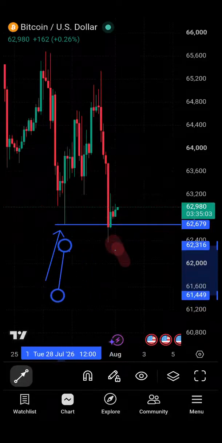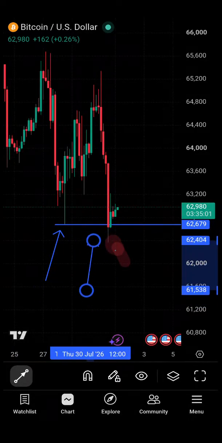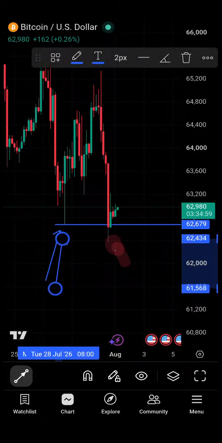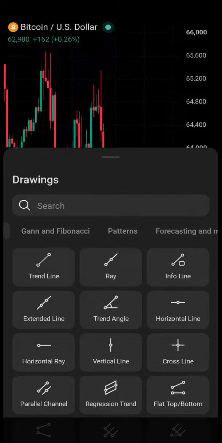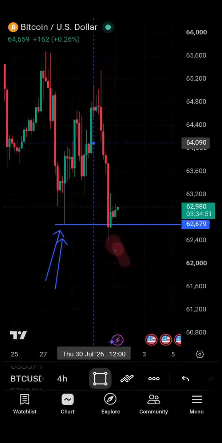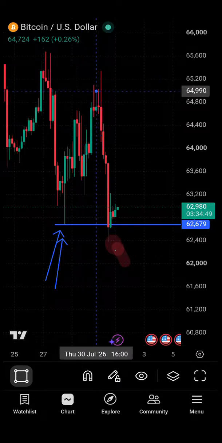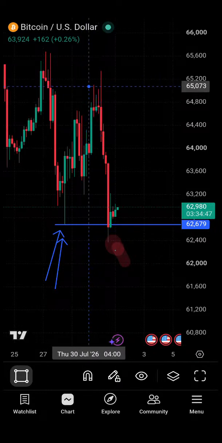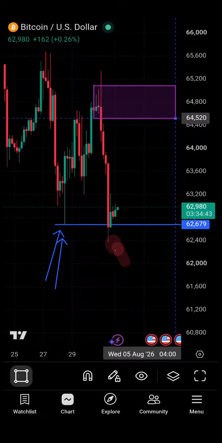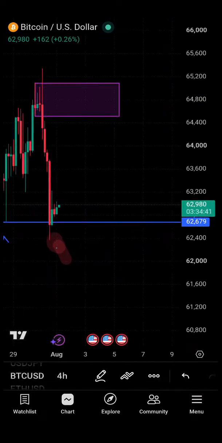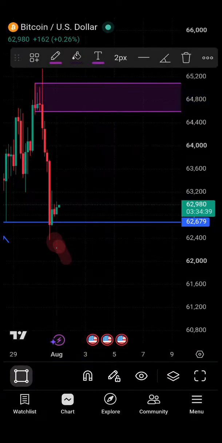Okay, which tells us that now we are having another block or an area of sensitivity around this area.